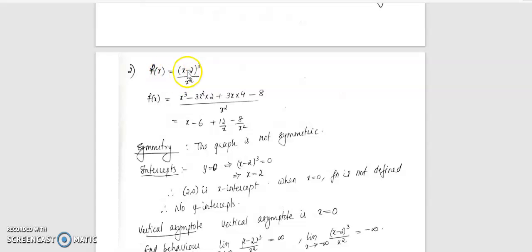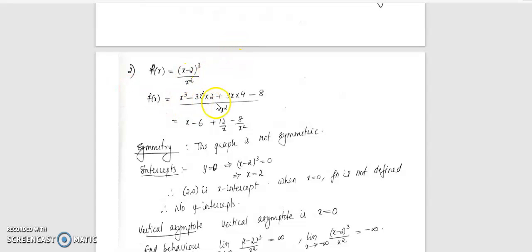We are given f of x equal to (x minus 2) whole cube by x square. Let me expand it first. Your numerator has the highest degree, so there is a possibility of an oblique asymptote or a curvilinear asymptote.